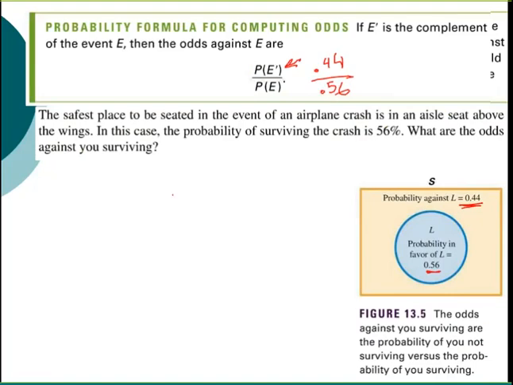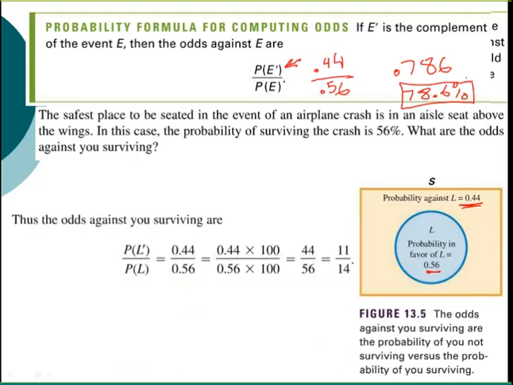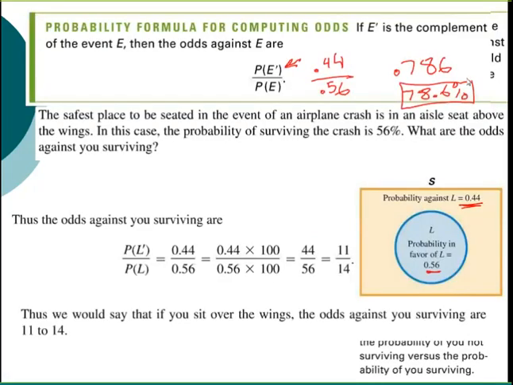So if I do this, 0.44 divided by 0.56, I get 0.786. So that's actually a 78.6% chance. It's the odds against me surviving. Not very good odds that we're going to survive our plane crash. And this is working out what I just did, so 11 to 14, by the way.